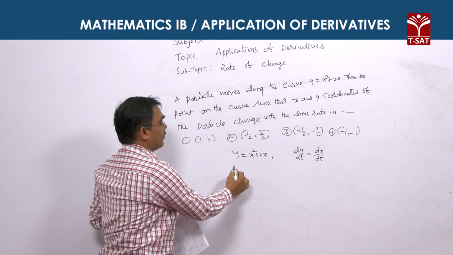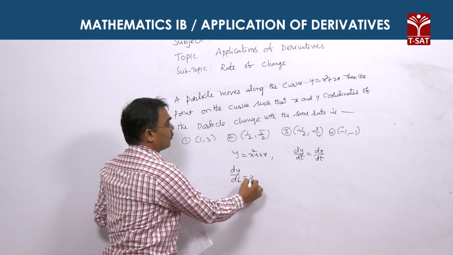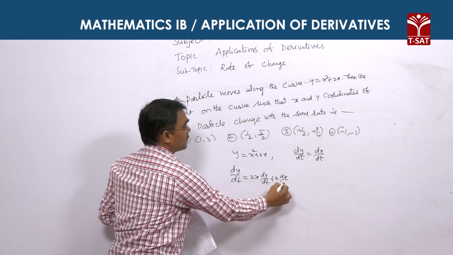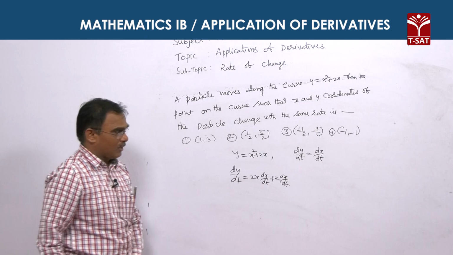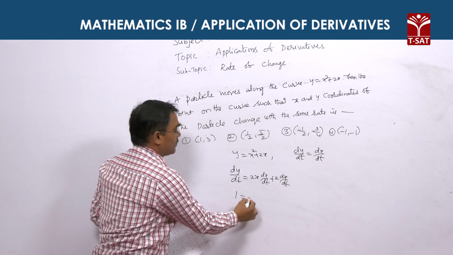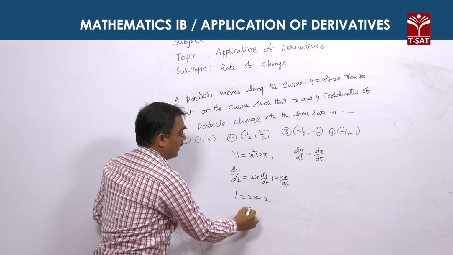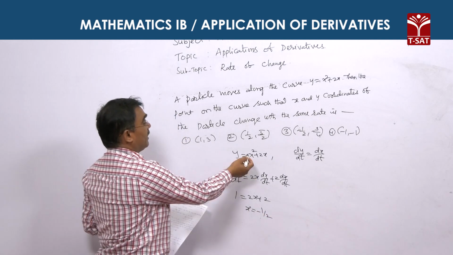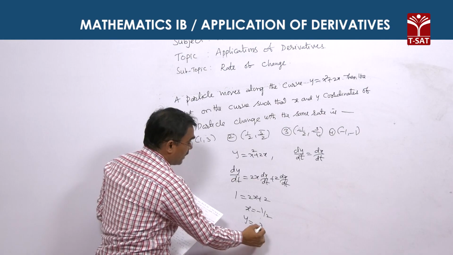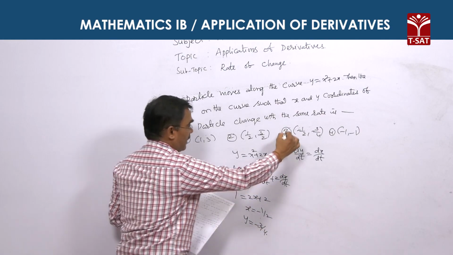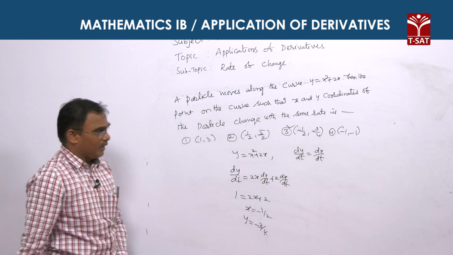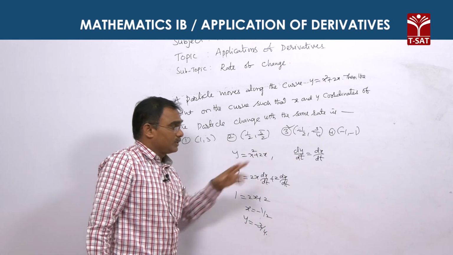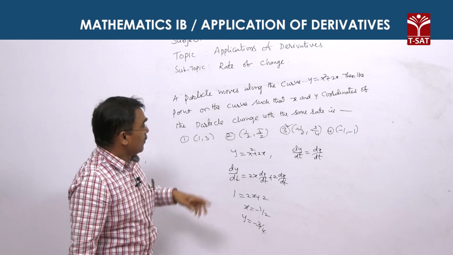So dy/dt is equal to 2x into dx/dt plus 2 into dx/dt. Given dy/dt is equal to dx/dt, from that 1 is equal to 2x plus 2. Right. x is equal to -1/2. Substitute x equal to -1/2 in the curve, y is equal to -3/4. So at the point -1/2, -3/4, the x and y coordinates have the same rate of change.